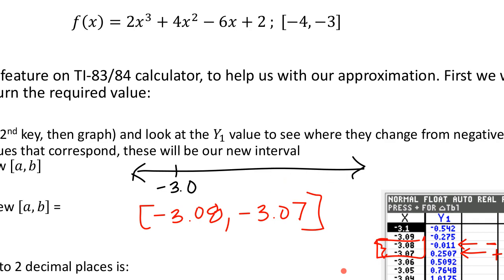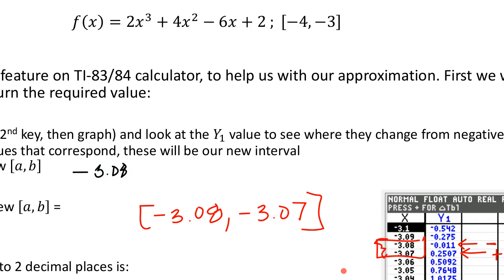I'm going to list this because it's kind of weird seeing it like that. Negative 3.08, think about it like 80, and think about this as almost like 0.70. Then you're going to have negative 3.071, and you'll have negative 3.072.